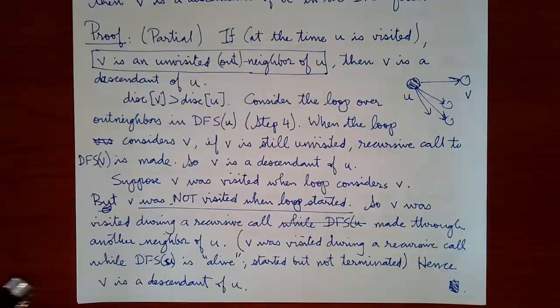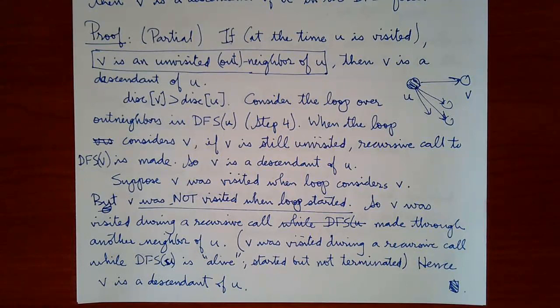Is it okay to do this just with the parentheses by saying, okay, we're during execution of U, so we know that U's closing parenthesis is later on. We know that U's beginning parenthesis is earlier, and we know that V's beginning parenthesis hasn't happened yet, because it's unvisited at the start of the loop.